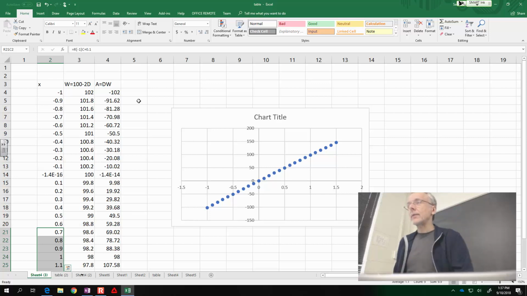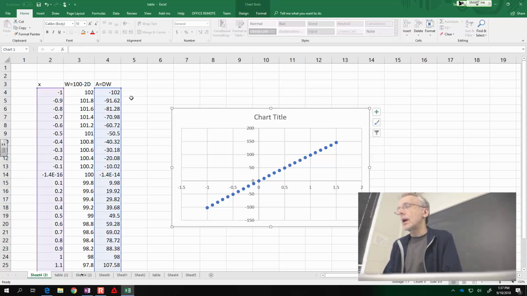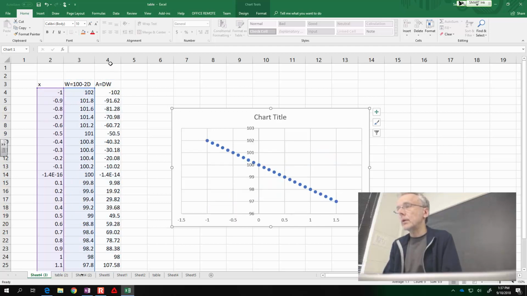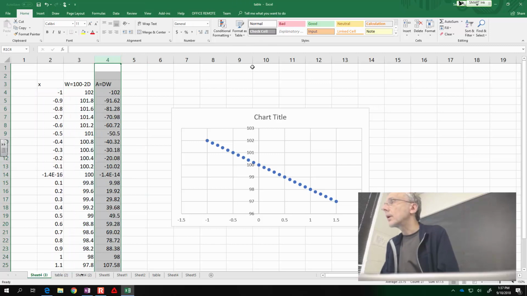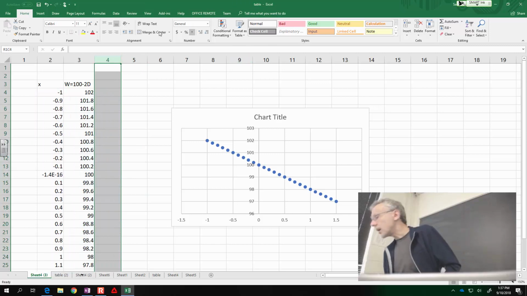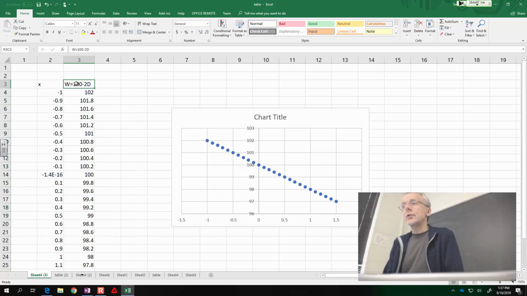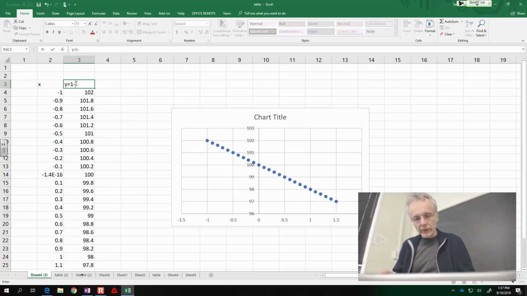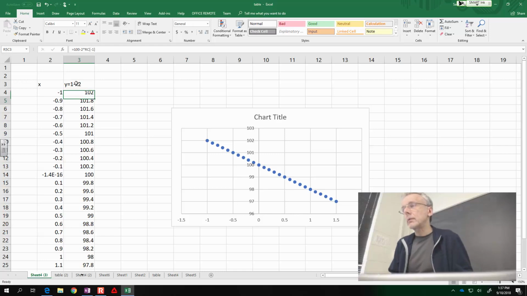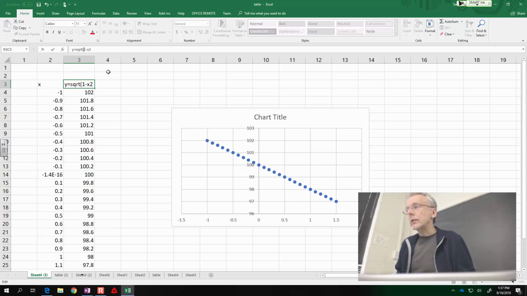Ignore the graph. I didn't insert the function yet. Okay, so let's insert a function here. Y equal, what is it? Square root of 1 minus x squared. I forgot the square root. So, literally what you see is pretty much what the formula says.